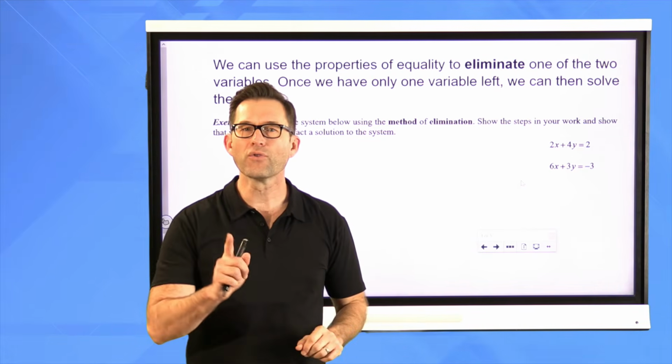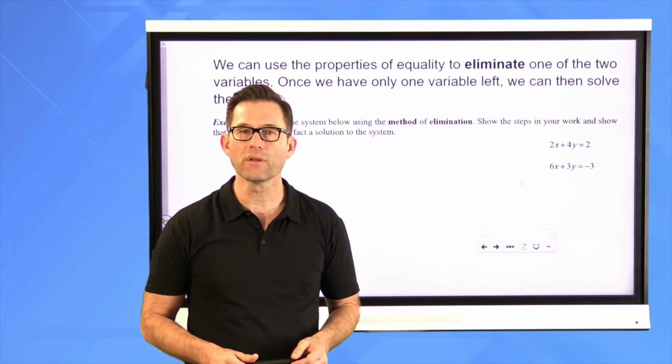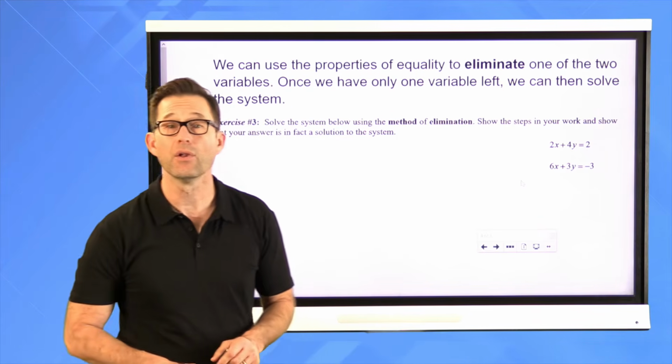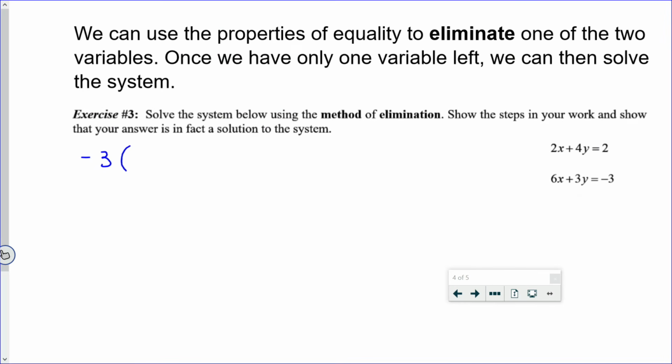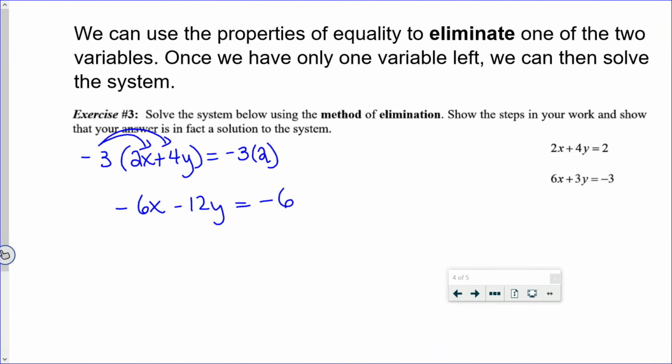If I multiply both sides of that original equation by negative 3, look what happens. I take negative 3 and I multiply 2x plus 4y. Now I got to do it to both sides. That's the property of equality. I got to multiply both sides. Distribute that negative 3 through and I'd get negative 6x minus 12y is equal to negative 6.